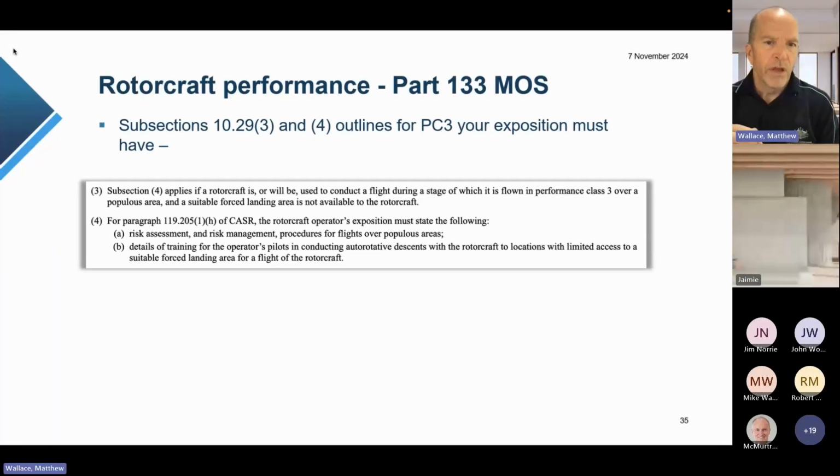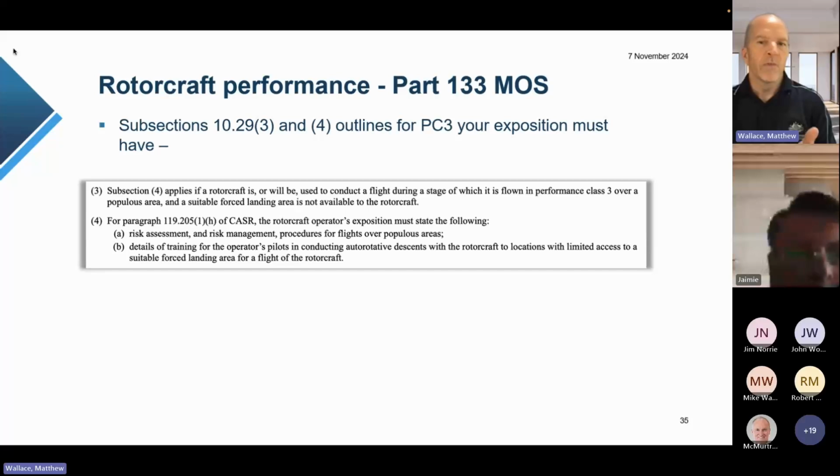So it applies where the rotorcraft is or will be used for a flight during a stage of flight in which performance class 3 applies over a populous area and a suitable forced landing area is not available to the rotorcraft. So the risk assessment, management and procedures for flight over a populous area, and then details of training for the operator's pilots in conducting auto-rotative descents with the rotorcraft to limited access areas.